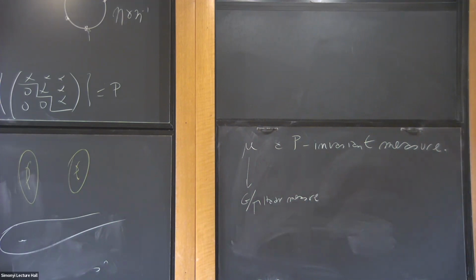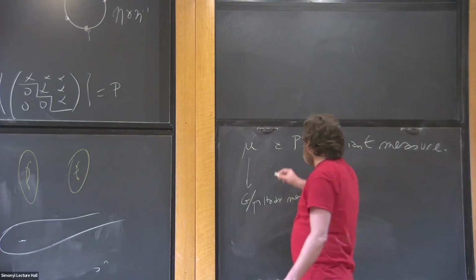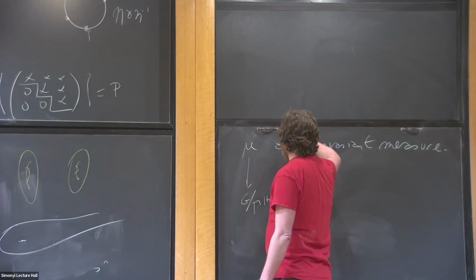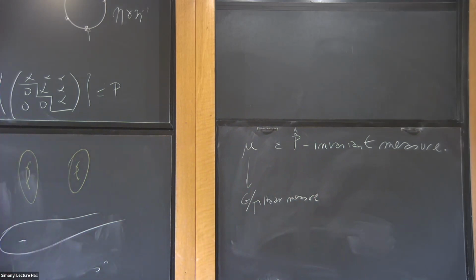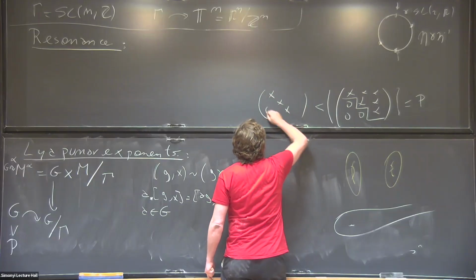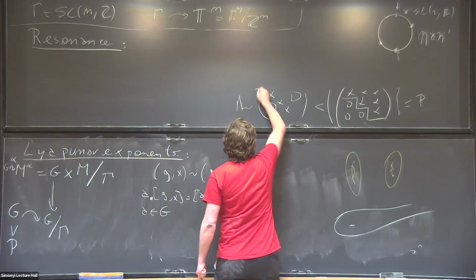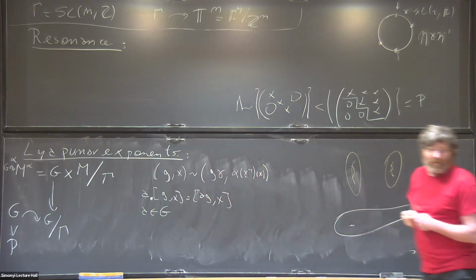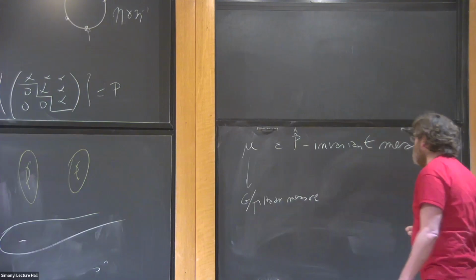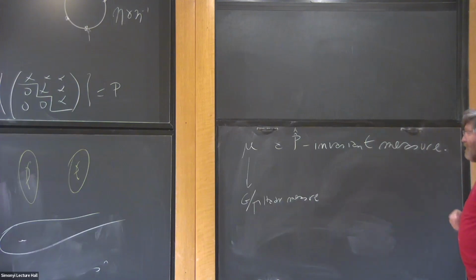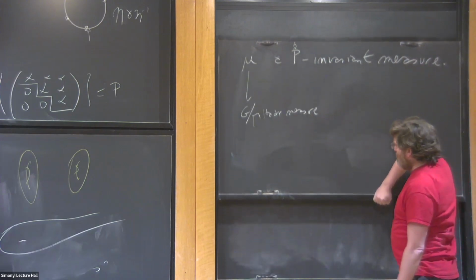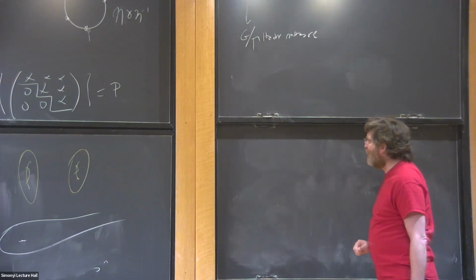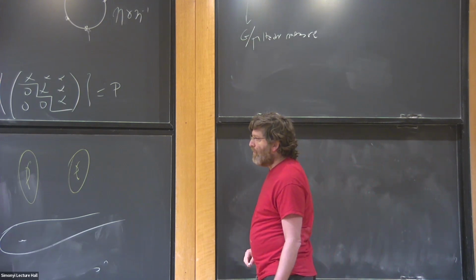Okay, so you get this P invariant measure, and actually, it's enough for what I'm going to say to have an A invariant measure. The A here is the diagonal group. A is abelian, which is even better for what I'm going to write. So, the Lyapunov exponents.